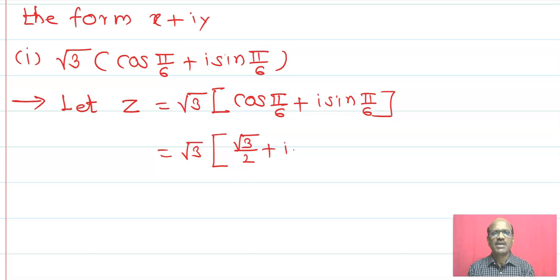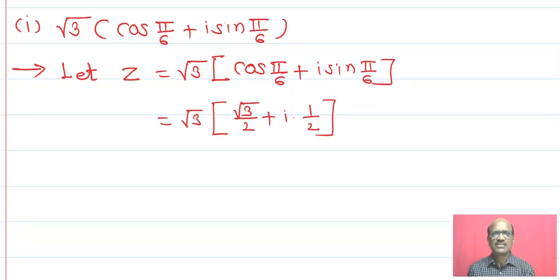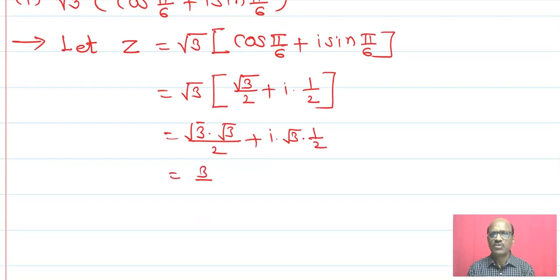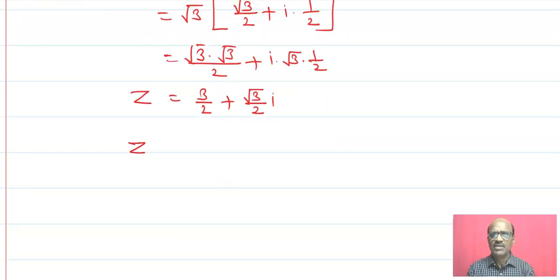The value of cos of pi by 6 is root 3 upon 2 and sin of pi by 6 is 1 upon 2. Now multiplying, root 3 into root 3 upon 2 plus I root 3 into 1 upon 2, and their multiplication is 3 upon 2 plus root 3 upon 2 I.